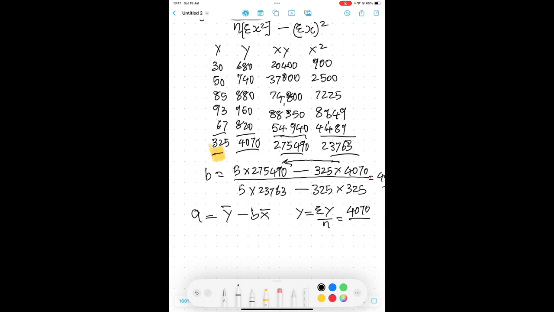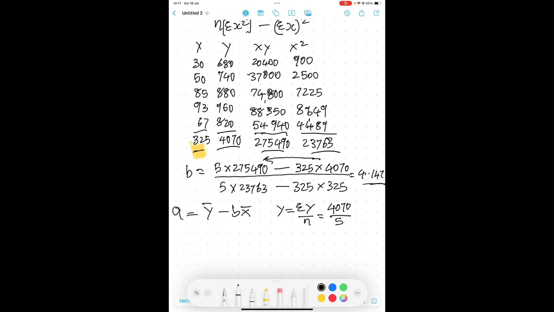Divide by the number of items in y, which is 5. Then the same thing applies to x bar, which is the summation of x divided by the number of items, which is also 5. So we have 325 divided by 5. For y bar, the value is 814. For x bar, we have 65.